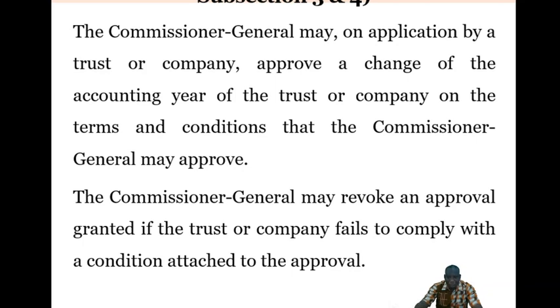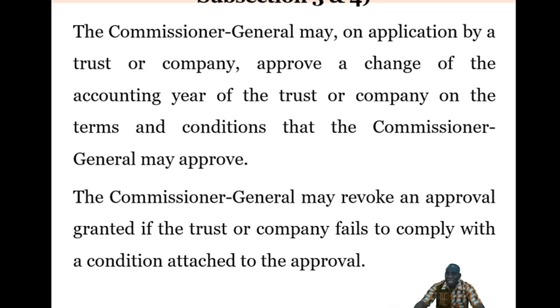The ability of companies or trusts to change their accounting year to coincide with a provision or enactment that is likely to make them pay a lesser tax. That tendency is there because they are allowed to use their own accounting year. Now, what is the anti-avoidance provision in this section?